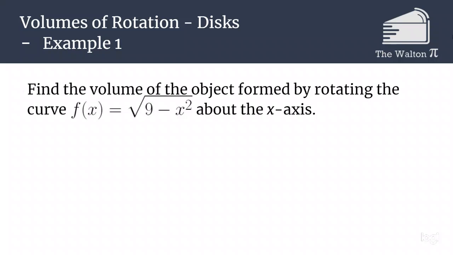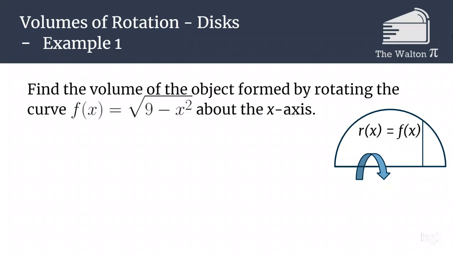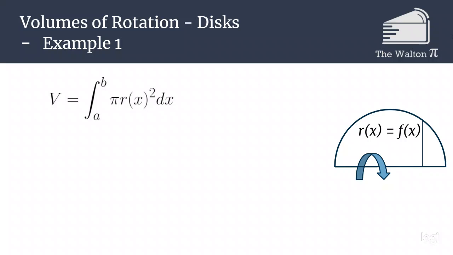So let's go through an example together. Let's find the volume of the object formed by rotating the curve f of x equals the square root of 9 minus x squared about the x-axis. So here is the shape, and we are rotating it about that axis. And so we can figure out that the volume is the integral from a to b of pi r squared dx. The question now is, what is a, what is b, and what is r of x?